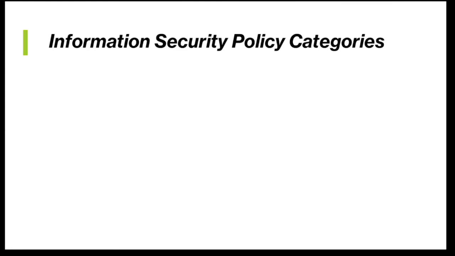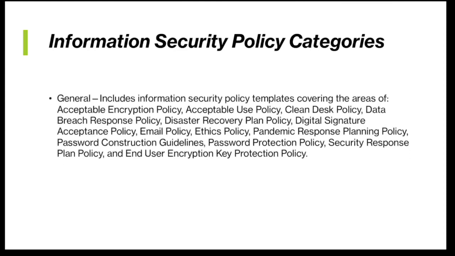So the Science Institute also develops information security policy templates, and they write for the following items to be a part of the policy based on different categories. So first category is the general information security policies.